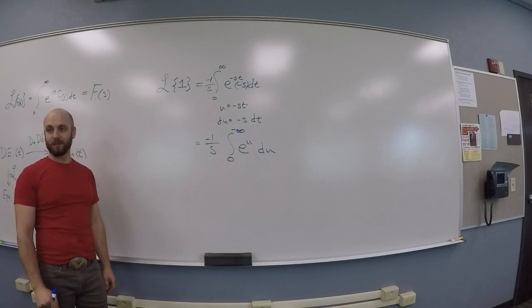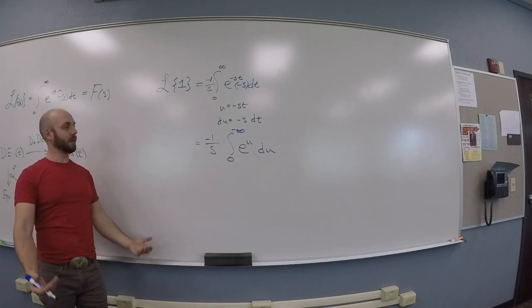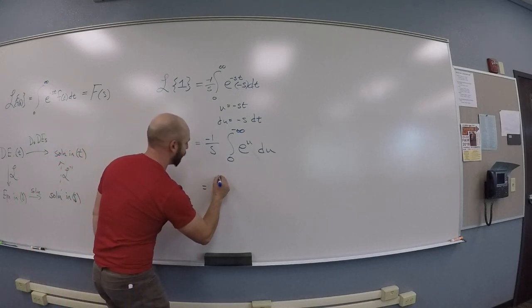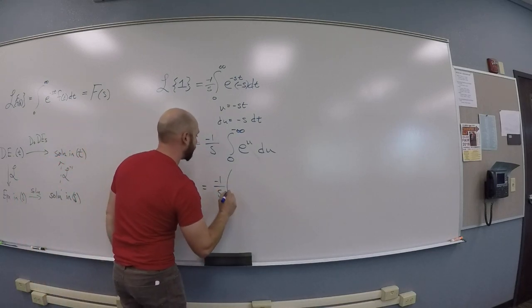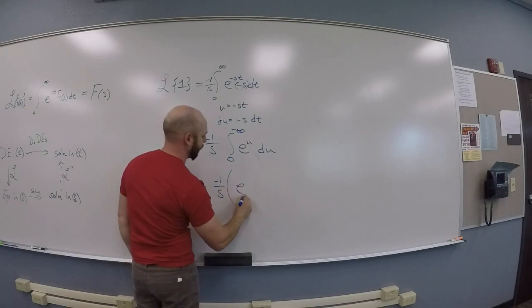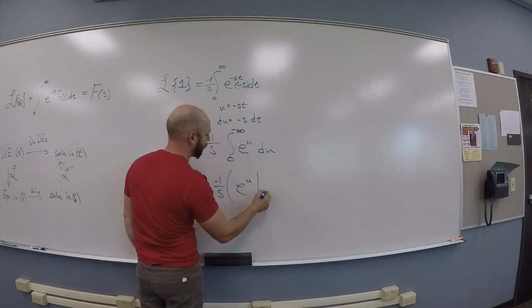Why can't we just leave it in s's and t's and deal with it? That looks so much easier. You can. Okay. So this would be minus 1 over s times, let's see, e to the u's integral is e to the u, right? Evaluated from 0 to minus infinity.